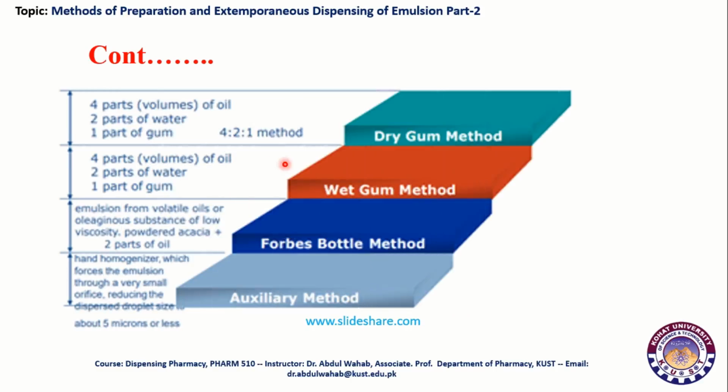So the dry gum method and the wet gum method are the different methods which are used for the preparation of emulsion.